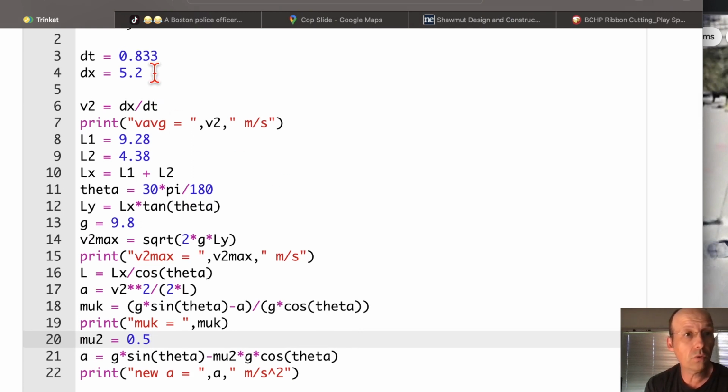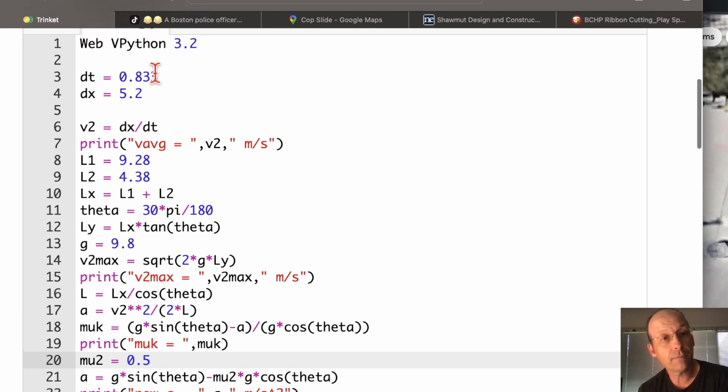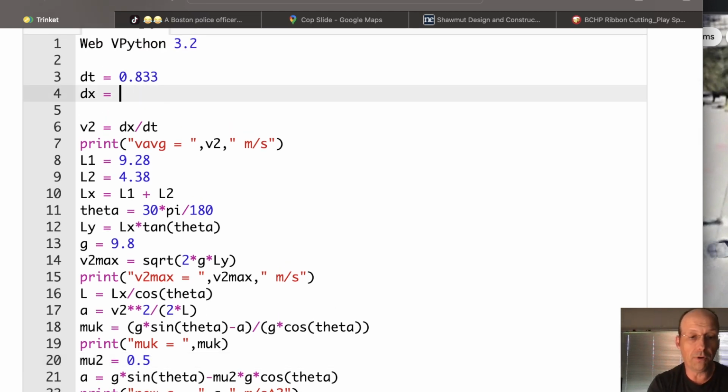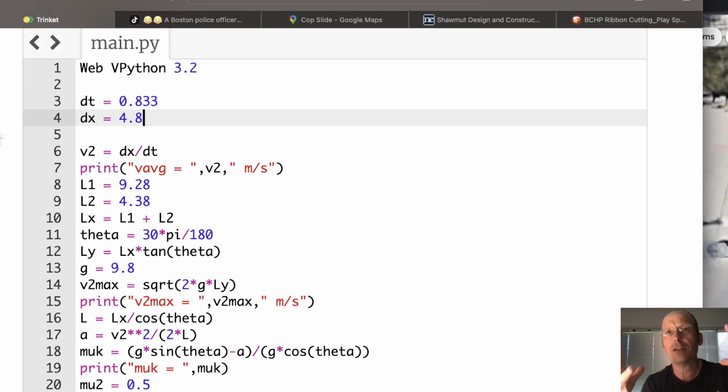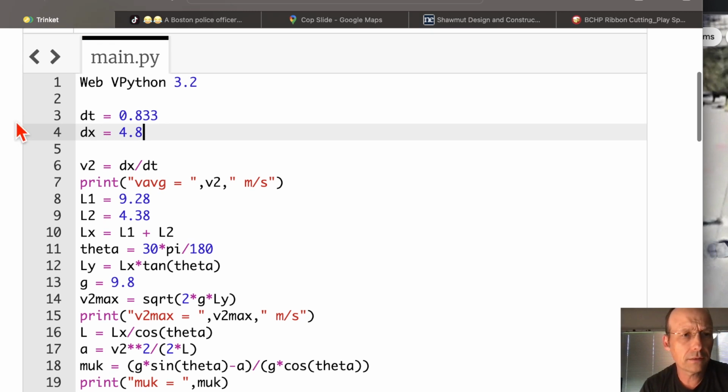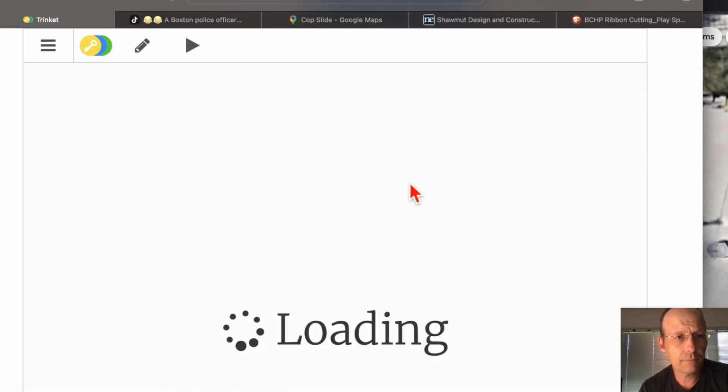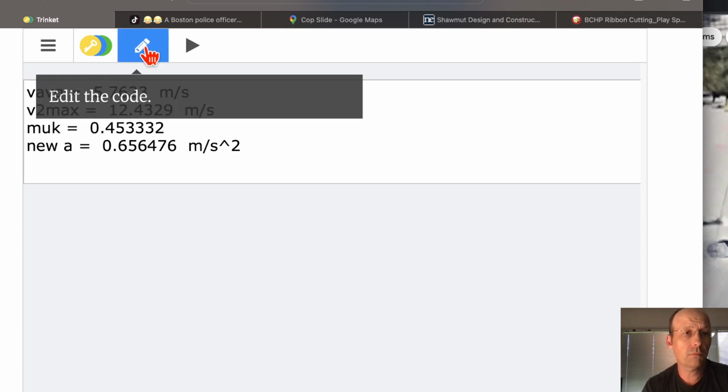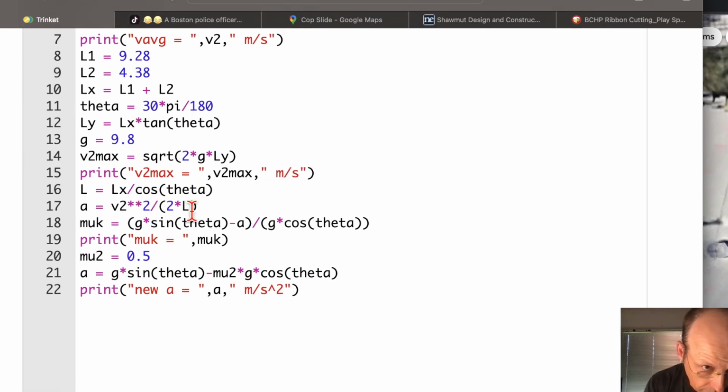If I did use a different distance here, dx, let's just change this to 4.8, because I didn't make the approximation that the length was constant, not angled. Well, that's weird. g sine theta minus a divided by g cosine theta.